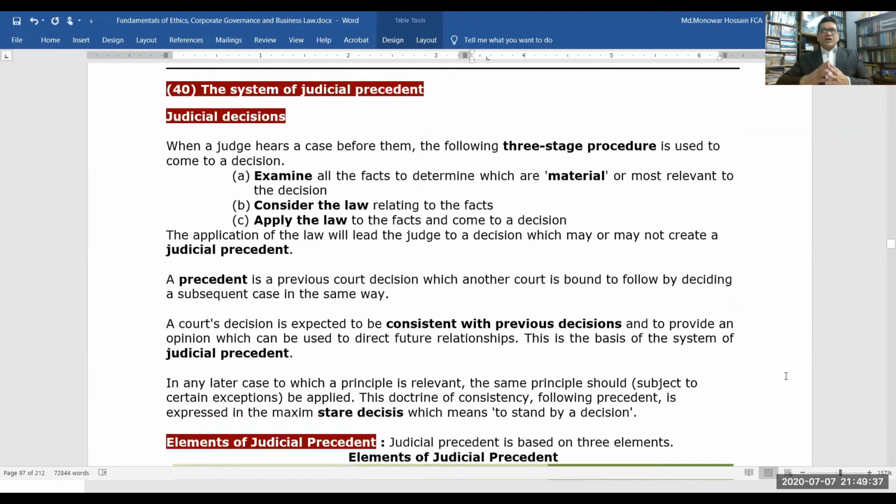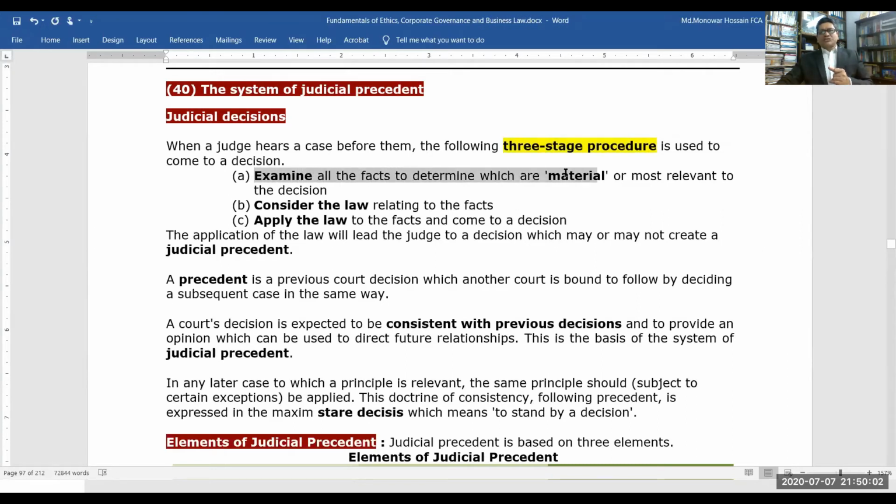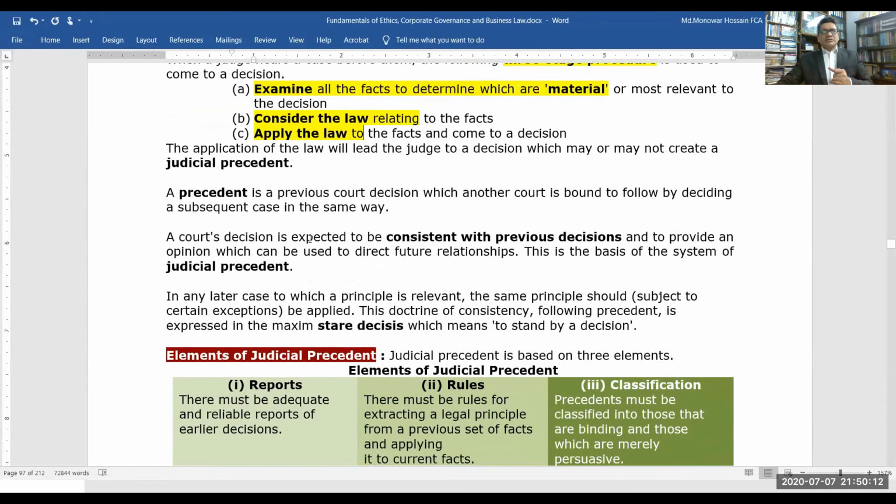So if you see the system of judicial precedent, judicial decision, that means 3 stages here. Number 1, examine all the facts to determine the material ones, and consider the law, then apply the law. These are the 3 stages.